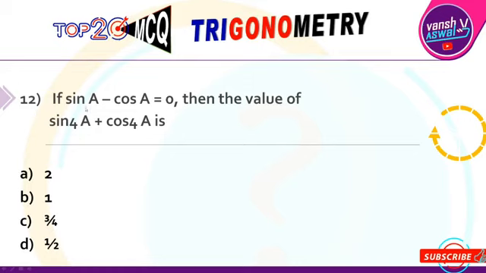Question number 12, if sin A minus cos A is equal to 0, then the value of sin 4A plus cos 4A is.